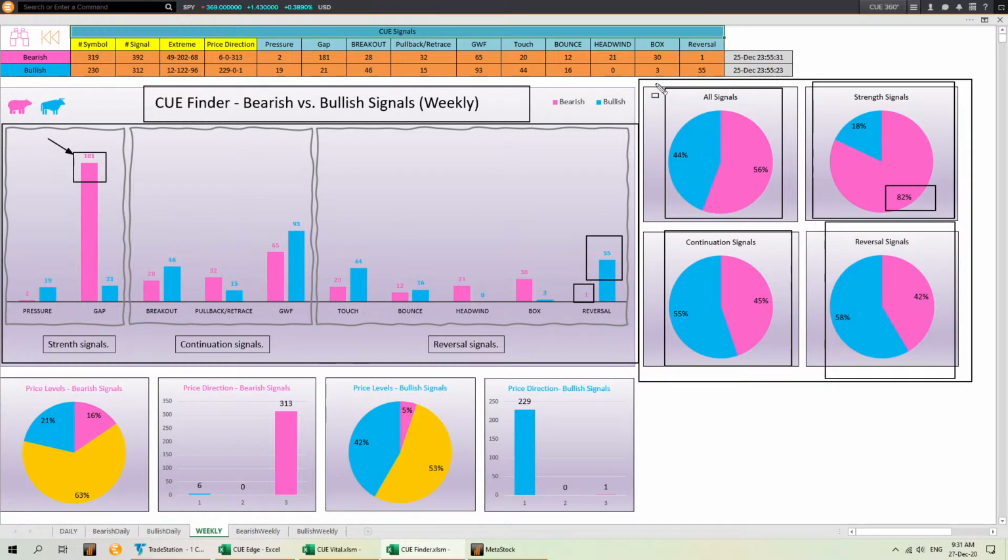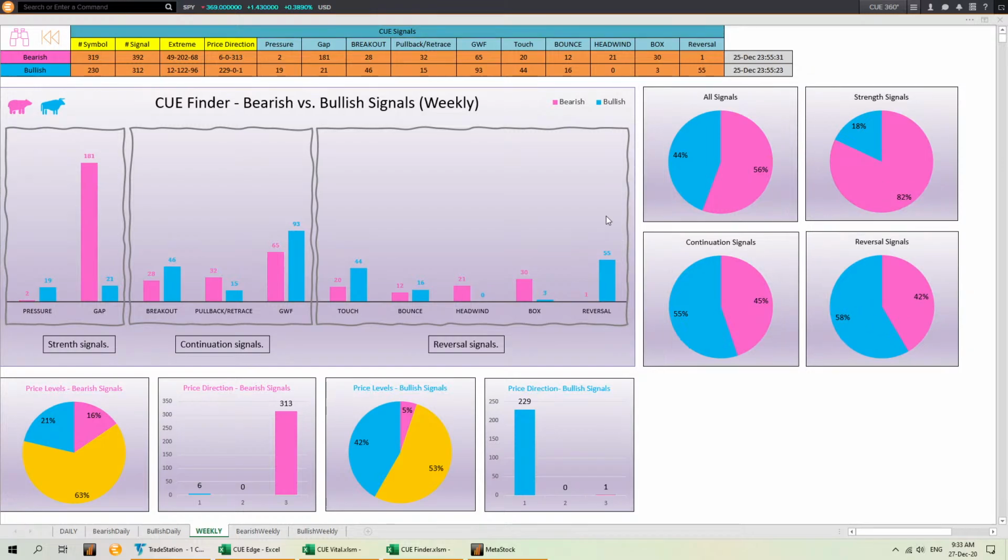At the end of the weekly period, not the last 5 days, here it is one weekly period, all signals, continuation signals, reversal signals, they all became balanced, neither bearish nor bullish.